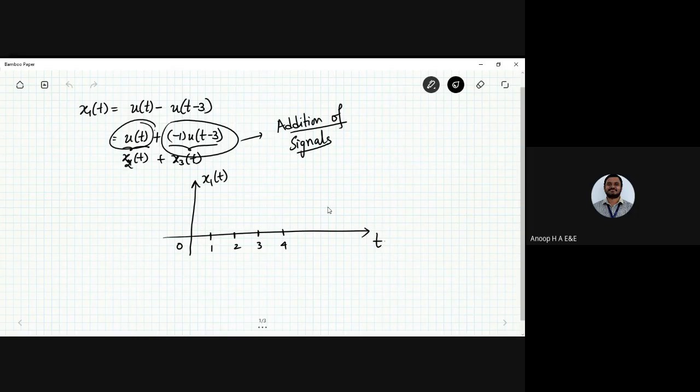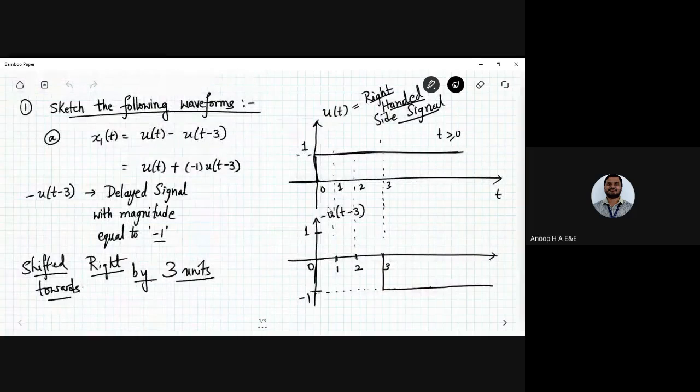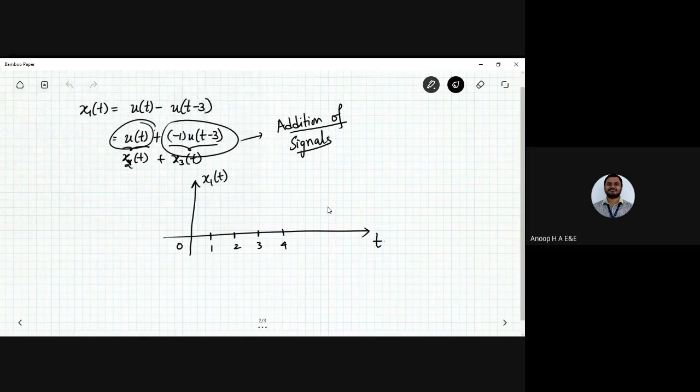If you observe the signals we have sketched here, u of t and minus u of t minus 3, and add them from 0 to 3, you can see that the value will be 1 from 0 to 3. 1 plus 0, that is 1. Till 3, you are going to have a magnitude equal to 1 there. Next, from t equals 3 onwards.